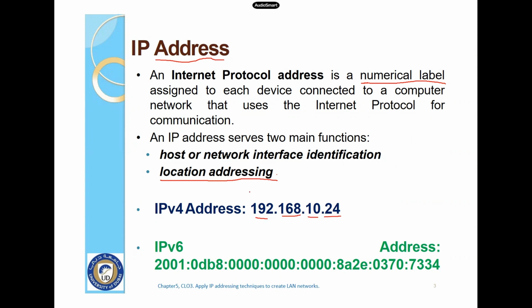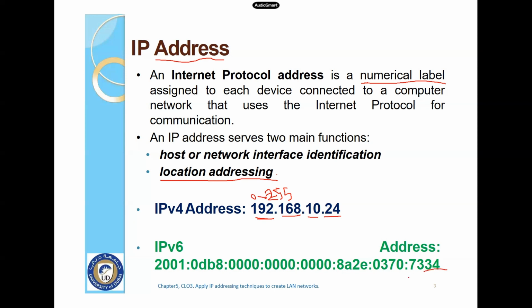These numbers could be anything that ranges from 0 to 255. Sorry, my handwriting is not at its best. It's from 0 to 255 for each digit. IP version 6 goes for more, and the address looks like something like this.